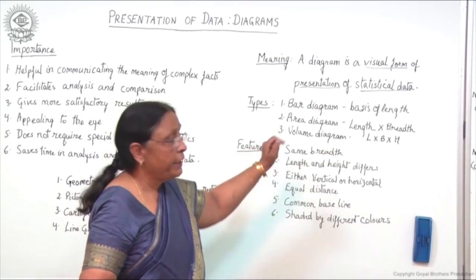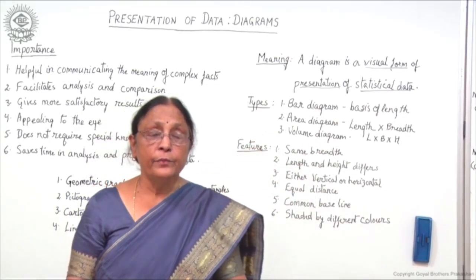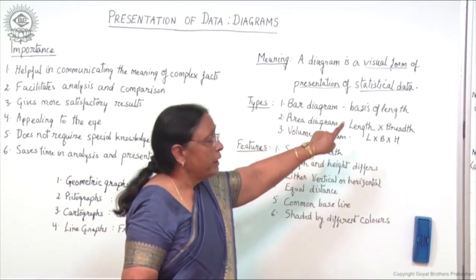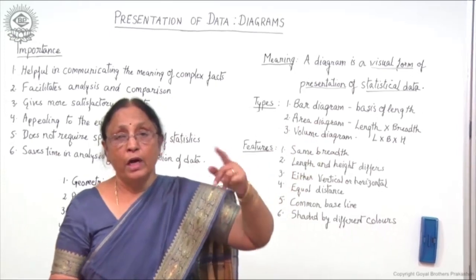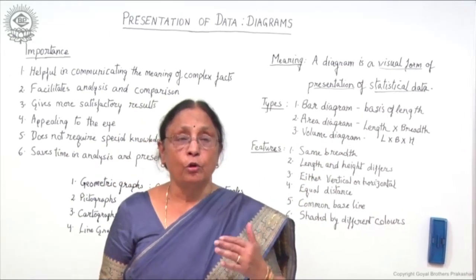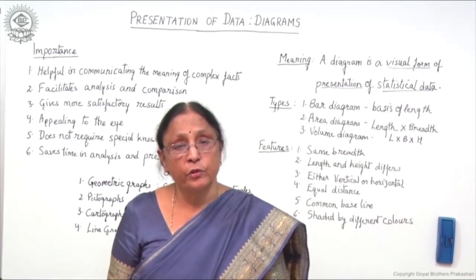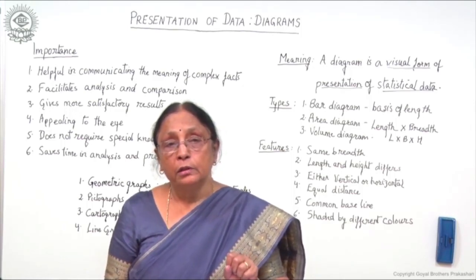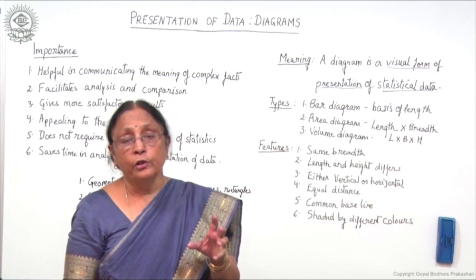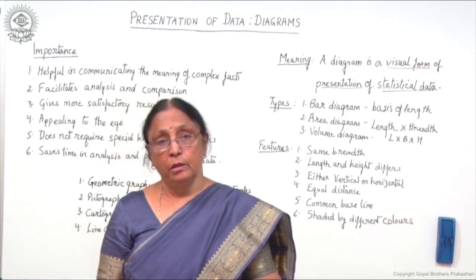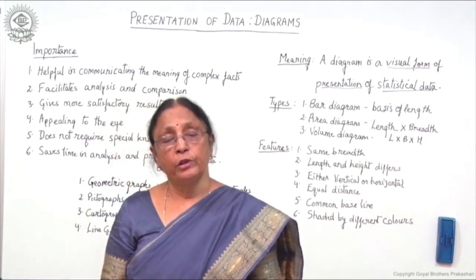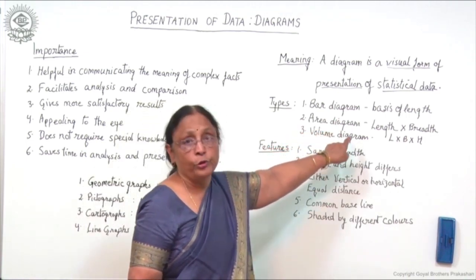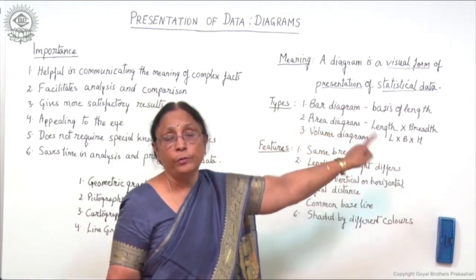Second is area diagram. In an area diagram, the length and breadth of the bars, or of any type of presentation you are giving, give you the numerical comparison; numerical values are compared on the basis of area in the diagram. And how do you get the area? Length into breadth.